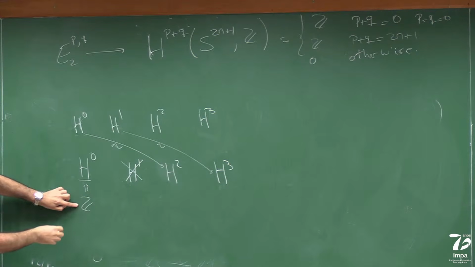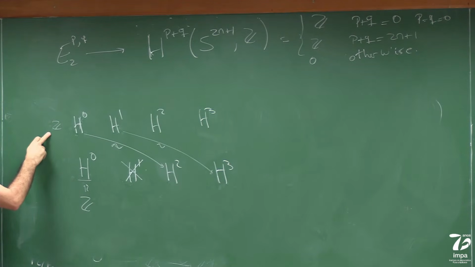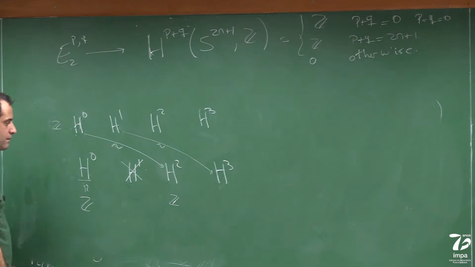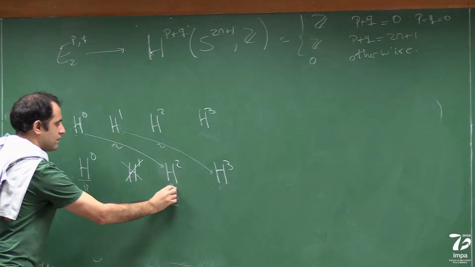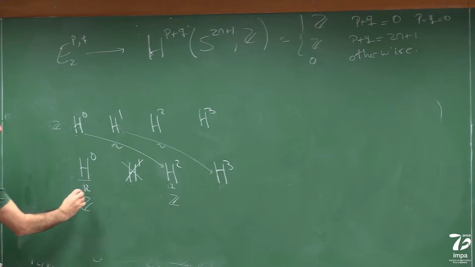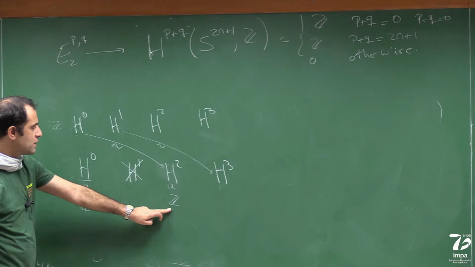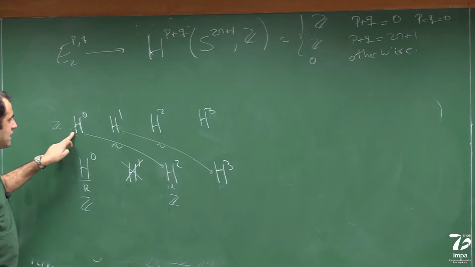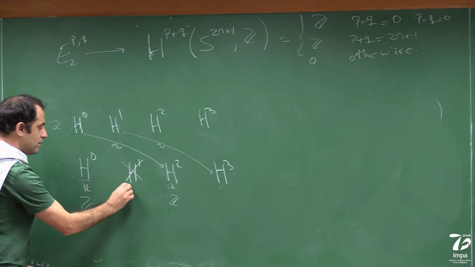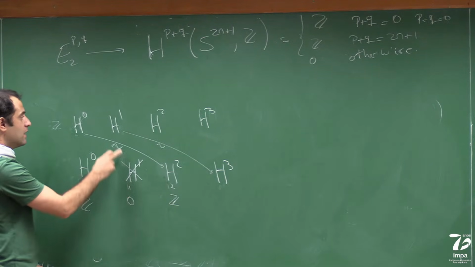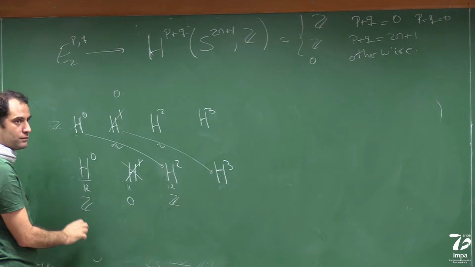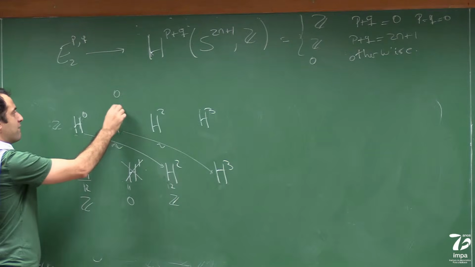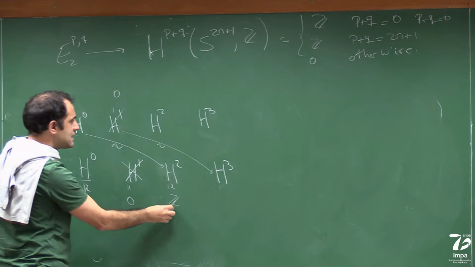We know that this guy is Z, and this is an isomorphism. Then this guy is Z. So we know that this H2 is Z, and this was an isomorphism, that's why we have this Z here. We also know that this guy is 0, because otherwise it would survive homology. So we have this to be 0, this to be 0, this is Z, this is Z.